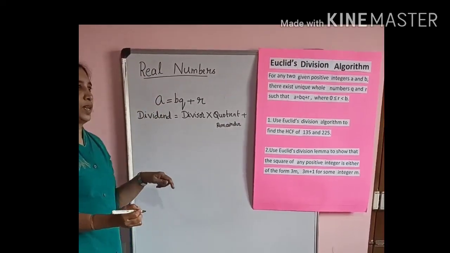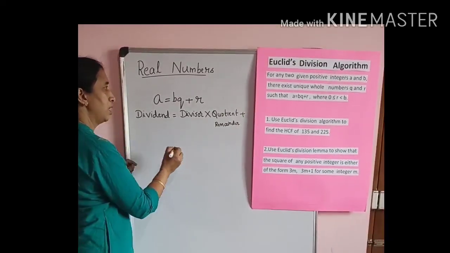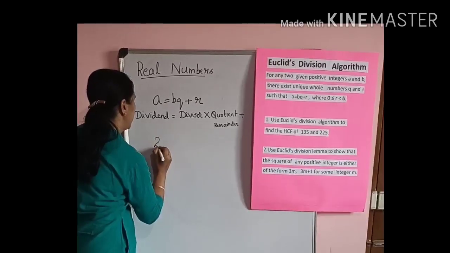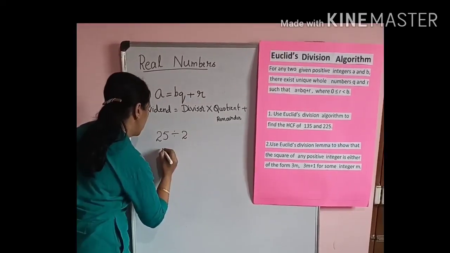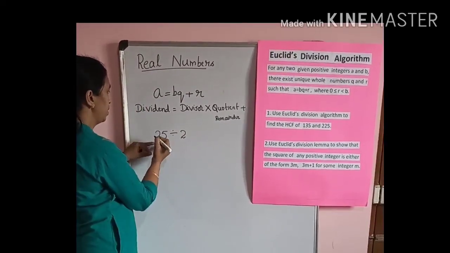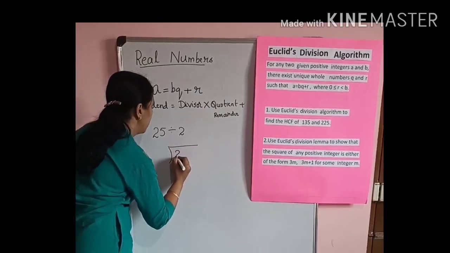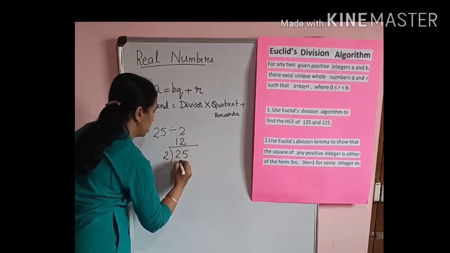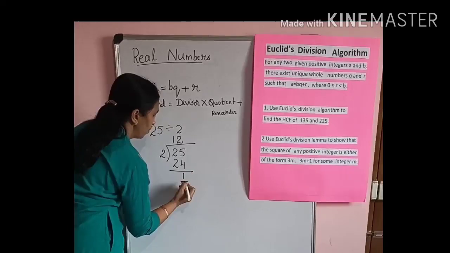Now let us consider one example to understand the condition of division algorithm. Suppose you divide 25 by 2. Here 25 is the dividend and 2 is the divisor. If we divide 25 by 2, we will get 12 as quotient and 1 as remainder.